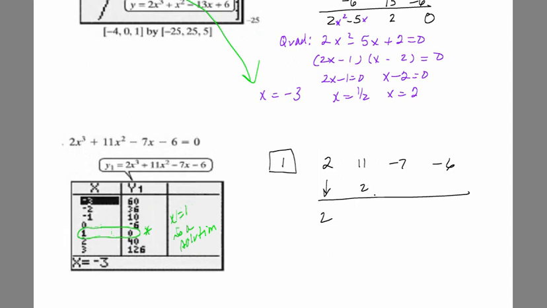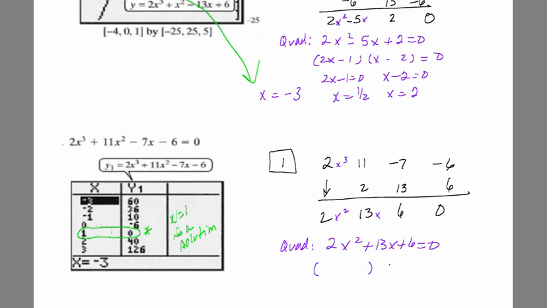Just start the procedure. And we do get a remainder of 0, which means we're left with our quadratic because there's only 2 left to find. This was a cube. When you divide, it drops down to a square. So 2x squared plus 13x plus 6.